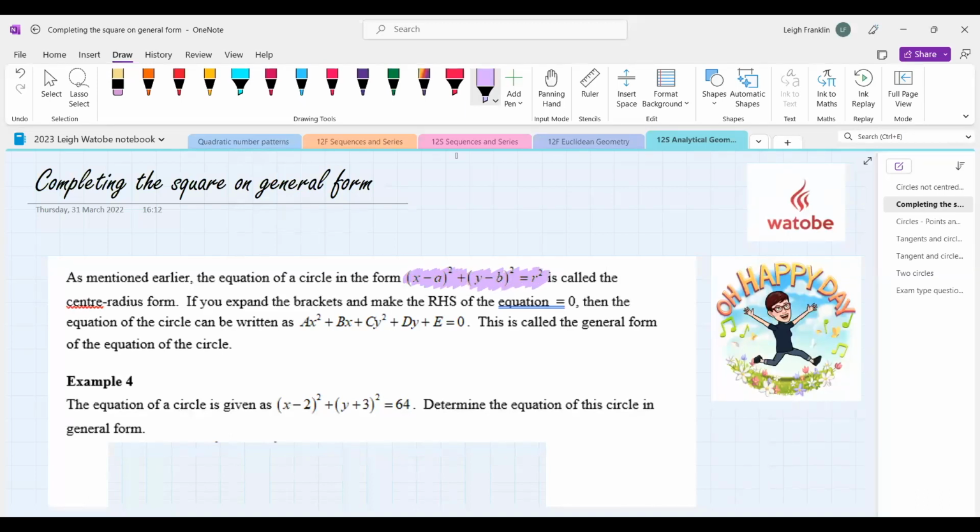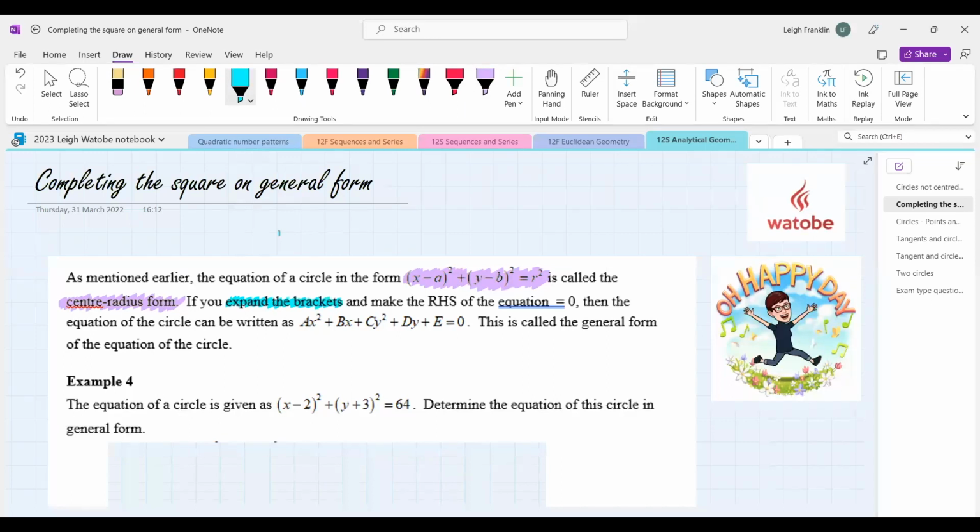That is when the circle is in center radius form. Okay, and the reason why we call it center radius form, if you can recall, is because we can write down the coordinates of the center as well as determine the length of the radius when it is in this form. However, it is also possible for us to expand the brackets by multiplication.